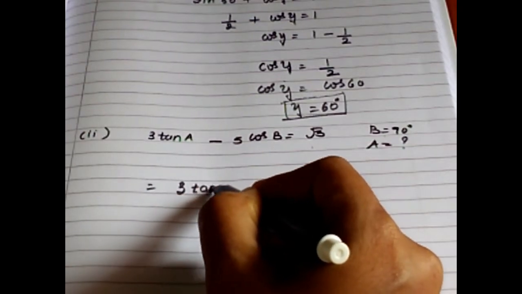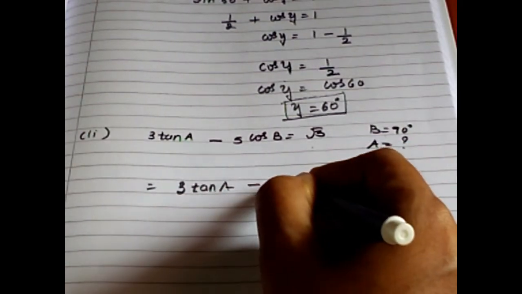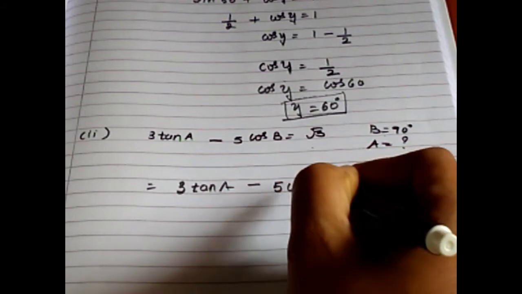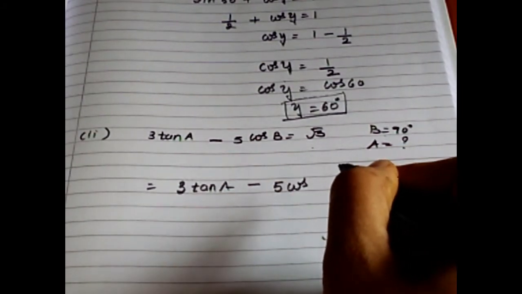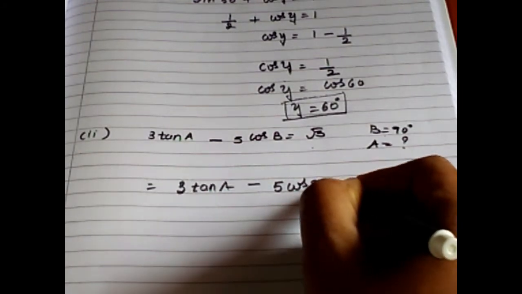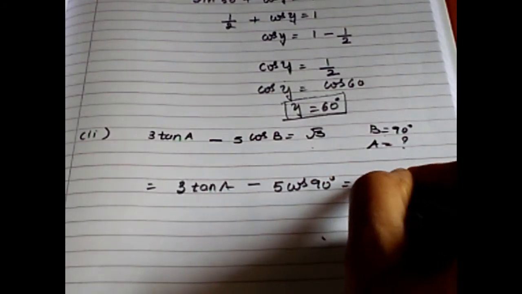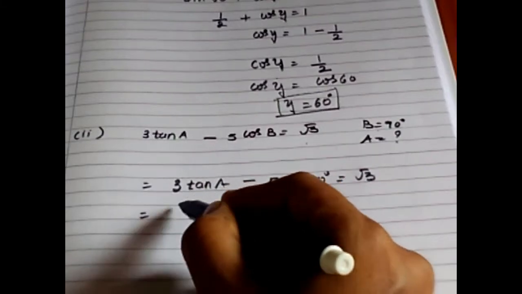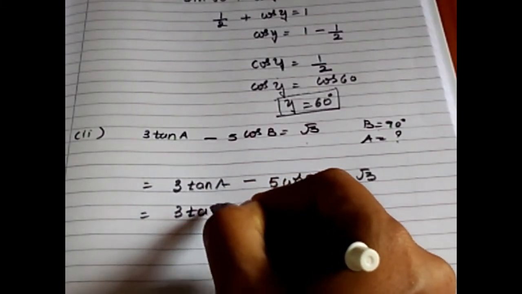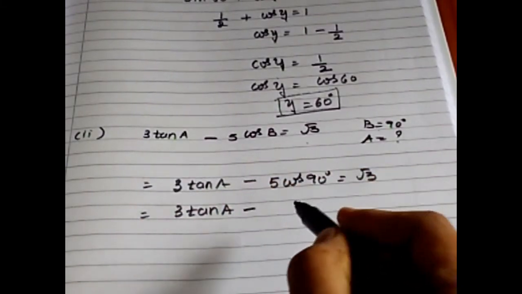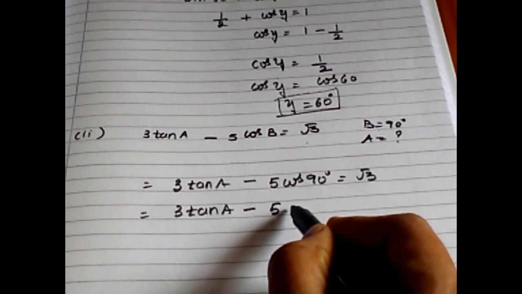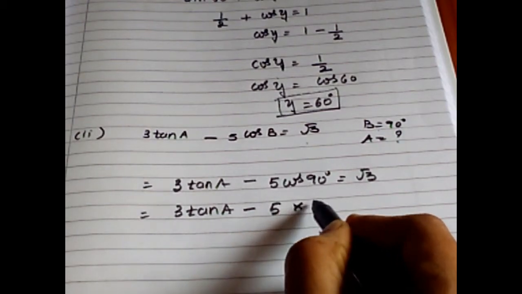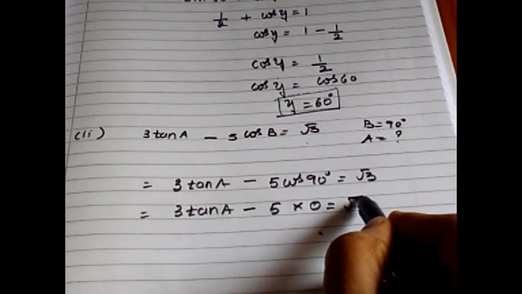So 3 tan A minus 5 cos, what is the value of B? It is 90. 5 cos 90 is equal to root 3. Now in the next step, keep 3 tan A as it is minus 5 into the value of cos 90 is 0.